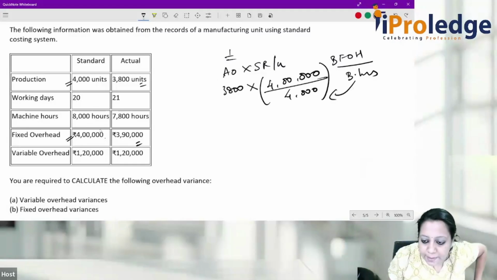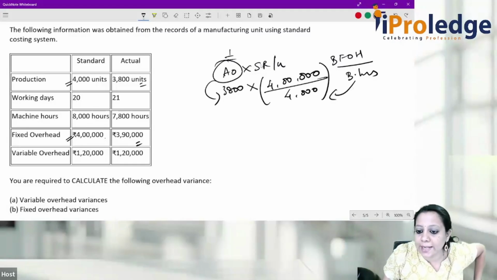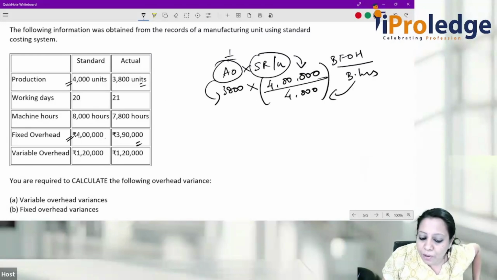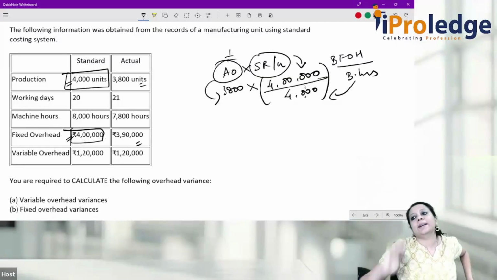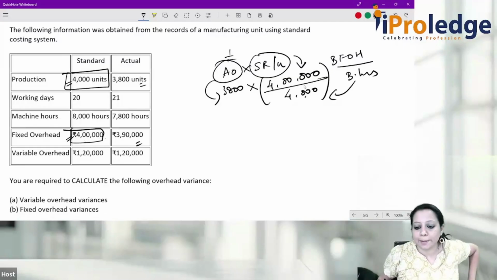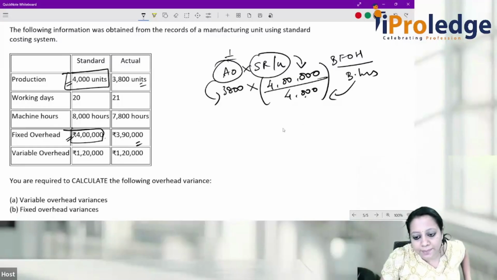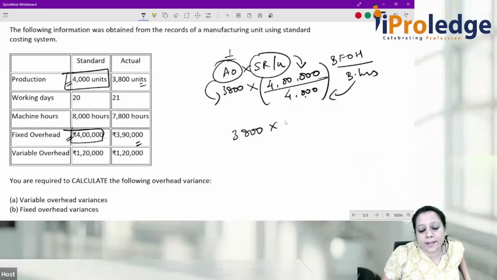AO I know is 3,800. Standard rate per unit I need. 4 lakhs is the total for 4,000 units. I'm taking the standard column. So it is 4 lakhs divided by 4,000, that is the standard rate per unit. So it is going to be 100. So 3,800 into 100 is going to be 3.8 lakhs.